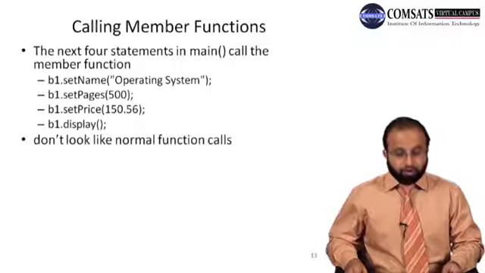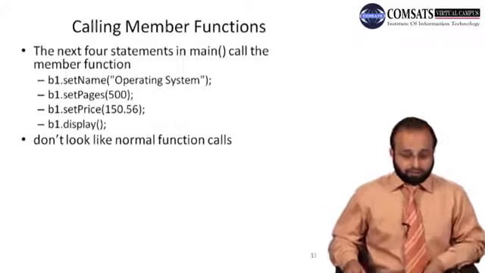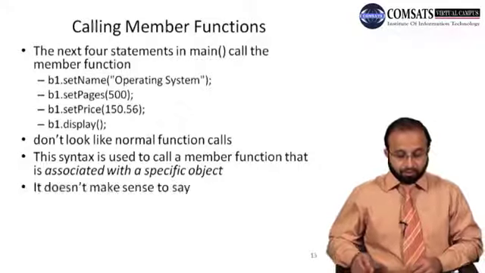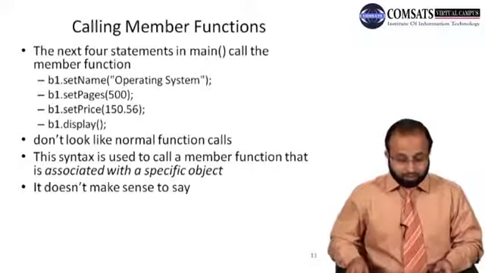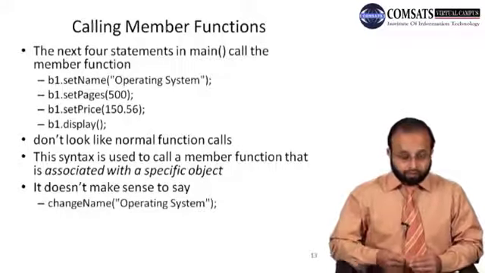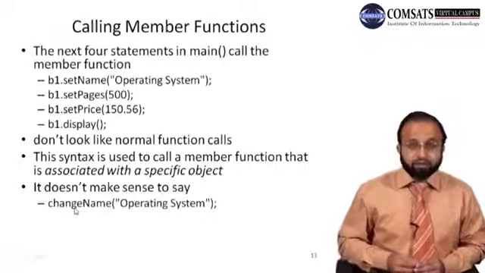So it does not look like a normal function call, because you need to have an object of that class to call the member function of that class, right? This syntax is used to call a member function that is associated with a specific object. It does not make sense to say change name operating system. So you're passing some value, operating system, to a set name function.